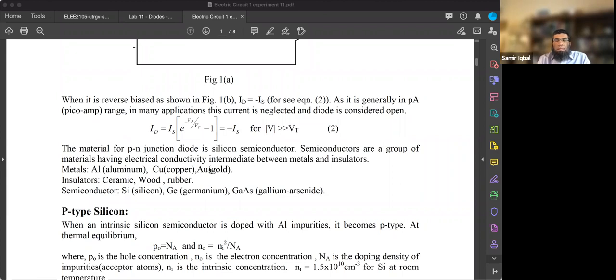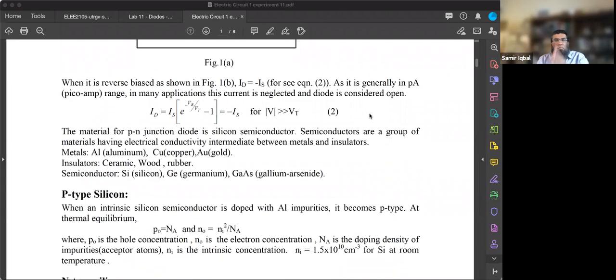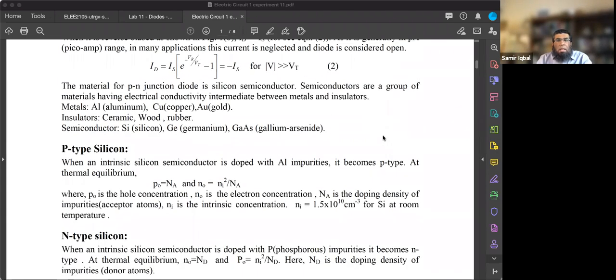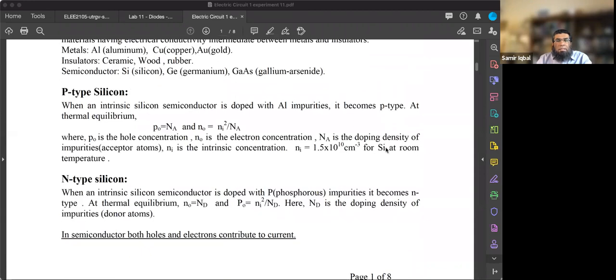So it is a crystalline material, and when we add dopants, we add other materials from either group 5 or group 3 of the periodic table. Silicon is group 4, like carbon, but we can take some dopants, like aluminum, and add a small amount to silicon, and that makes silicon a good conductor.